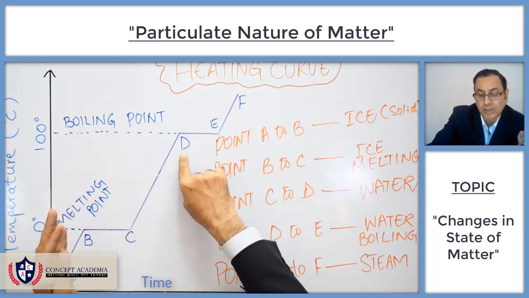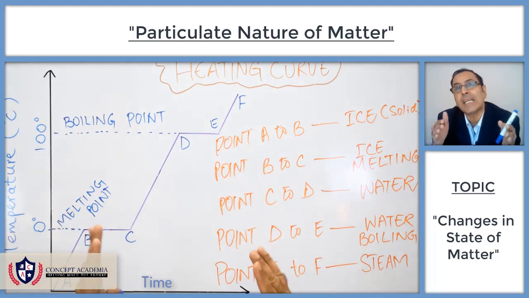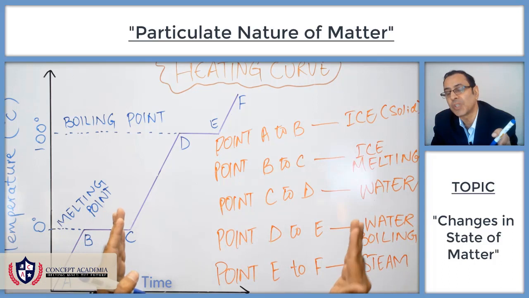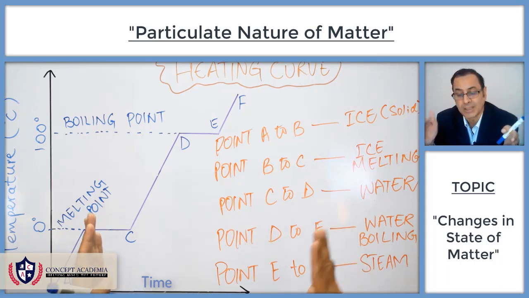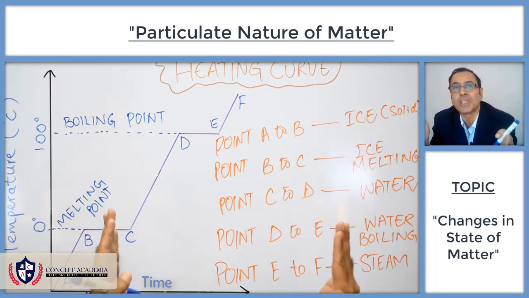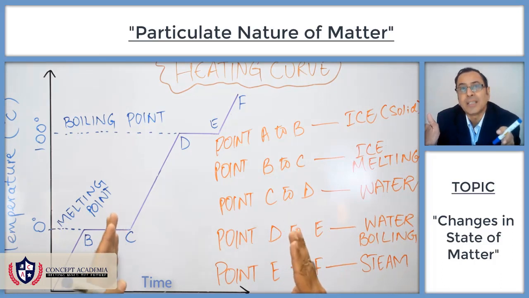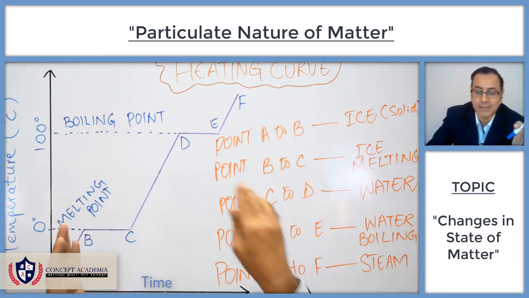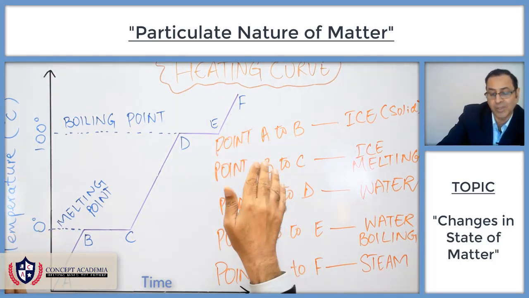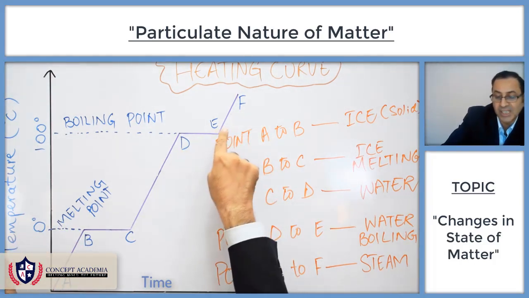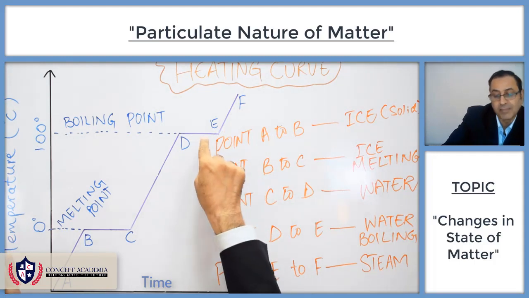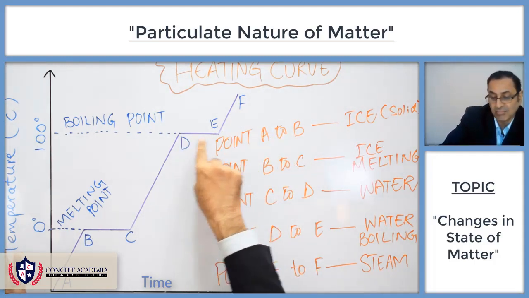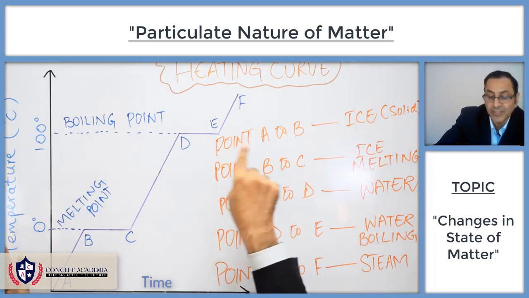So between D and E, it is liquid water which is converting into steam, and the steam and liquid water both coexist between D and E. Again you can observe that between D and E, heat is being provided, but the temperature is not increasing.